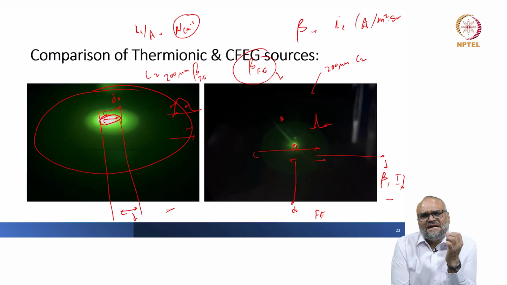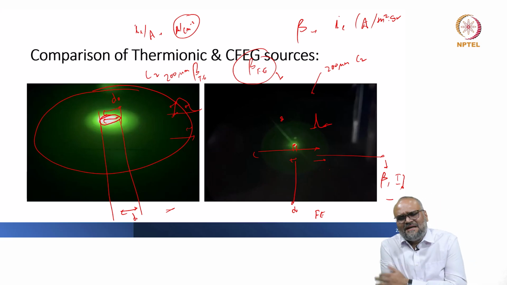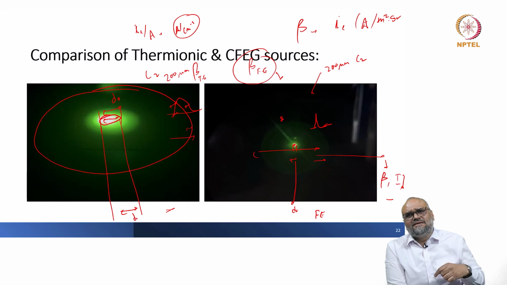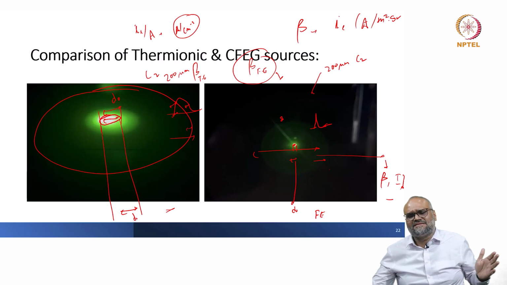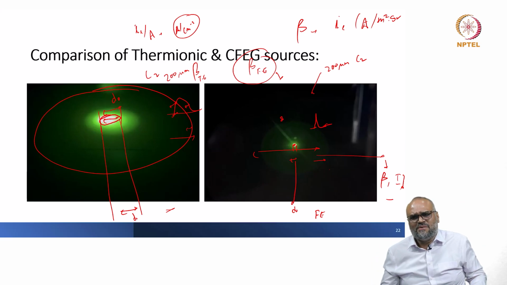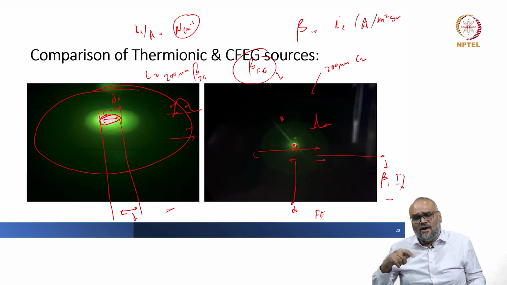But this is kind of a more expensive package. And then you have a cold field emitter where you're flashing the filament every day during the operation, and the entire gun assembly you could prolong its lifetime for over a period of 7 years, but with the operational current densities you have to do periodic flashing and plan your experiments accordingly.